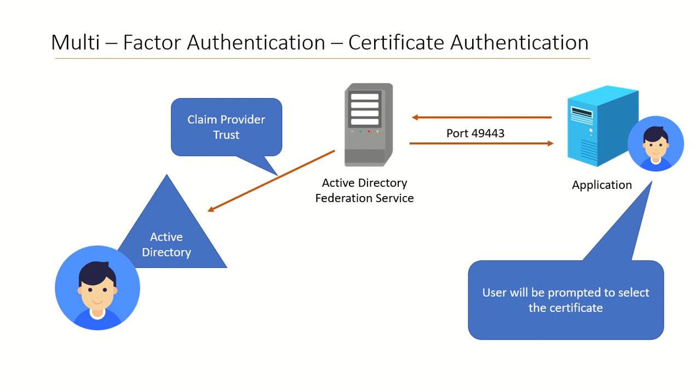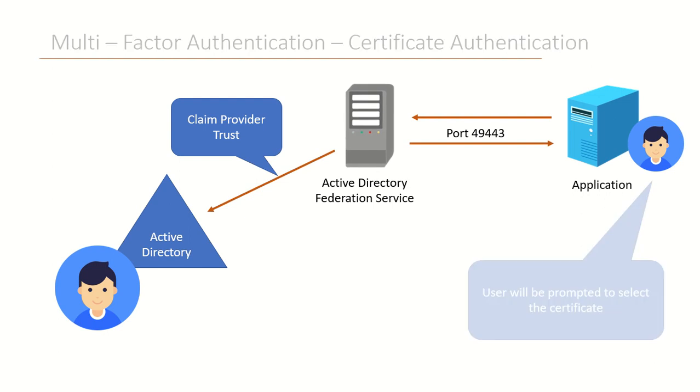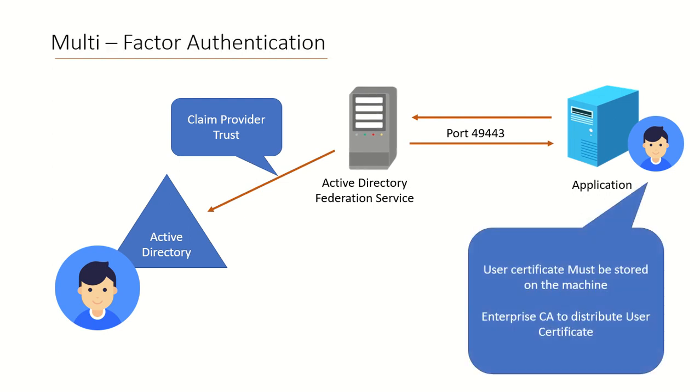Now, once the user is prompted to select a certificate, the user has to just select the certificate that's been intended for him or her and make sure that certificate is stored on that particular machine which the user is using. This could be an internal certificate, or if you have a different PKI environment, there must be a user certificate, and that should be the primary objective to check if certificate authentication is failing.